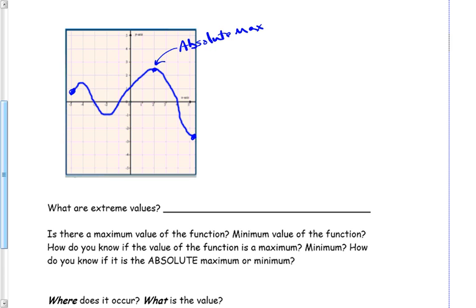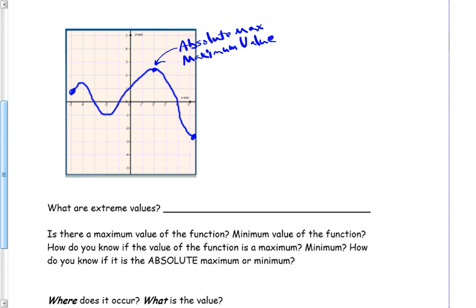Now, just so we're clear, the AP with capital T, I guess, will sometimes just call this the maximum value. They won't say absolute max. They'll say, what is the maximum value of the function? And maximum value implies that you're trying to find the biggest, the largest value of the function on that interval. We can agree on that?